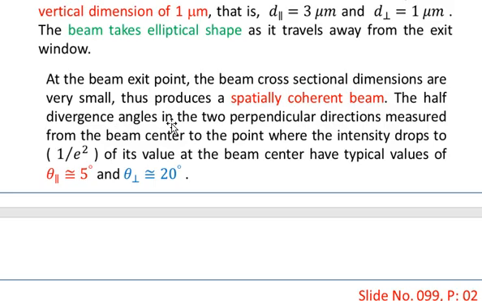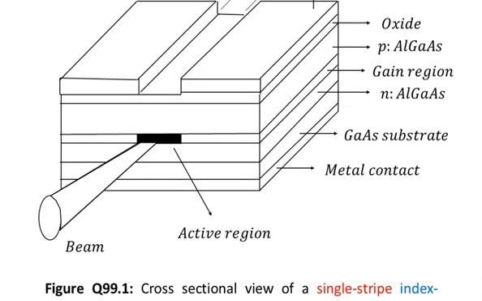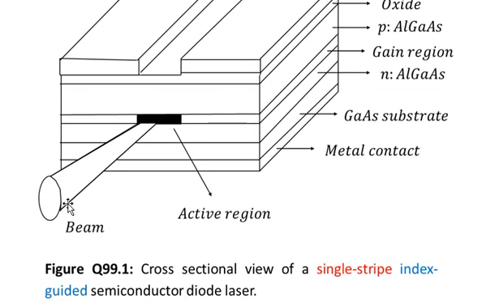The half divergence angle in the two perpendicular directions, measured from the beam center to the point where the intensity drops to 1 over e square of its value at the beam center, have typical values of theta parallel of the order of 5 degree and theta perpendicular of the order of 20 degree. So theta perpendicular is actually this, you can see that this dimension is longer.